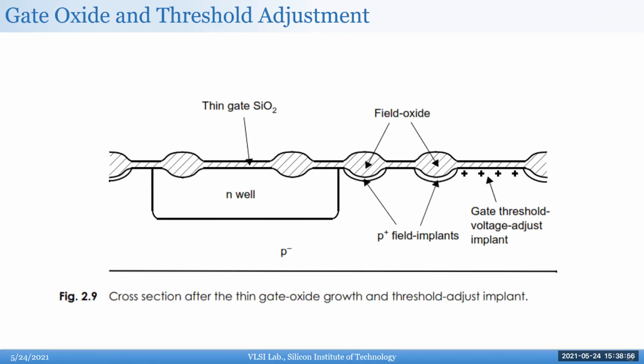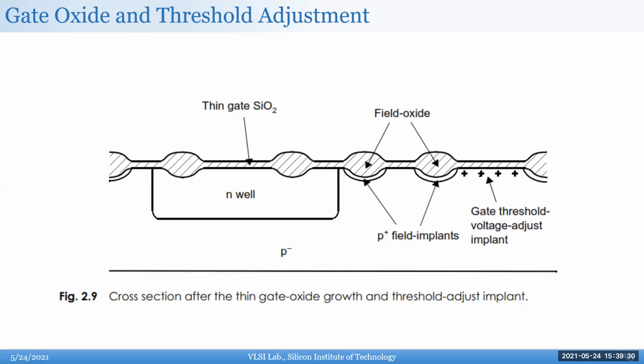The transistors, when they're created, you basically need a really thin oxide between the gate and the substrate, right? That's how you get these faster transistors, or high gain transistors, to do amplifiers, high speed amplifiers, and so on. You already saw how we do thin oxide, and then you grow the thick oxide. You do the P plus implant to isolate these devices, and that was for PMOS. Wherever you want to do NMOS, there is what's called the gate threshold voltage adjustment implant.